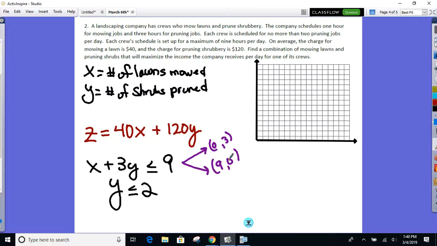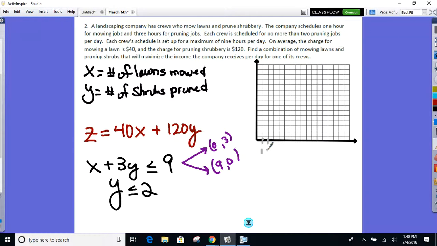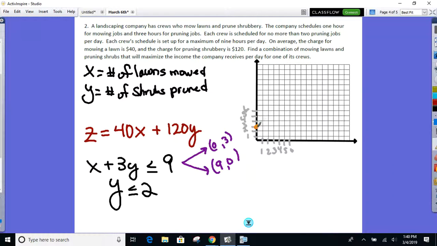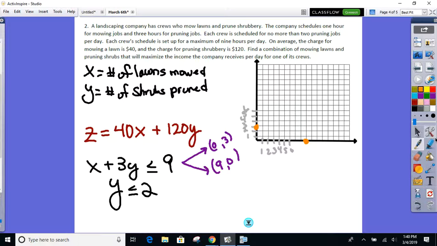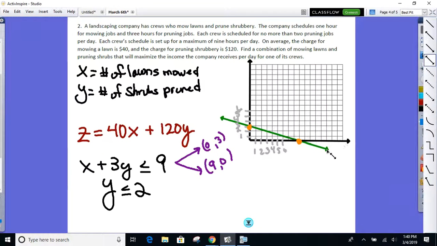All right, I can go by ones. All right, 0, 3. 1, 2, 3, 4, 5, 6, 7, 8, 9.